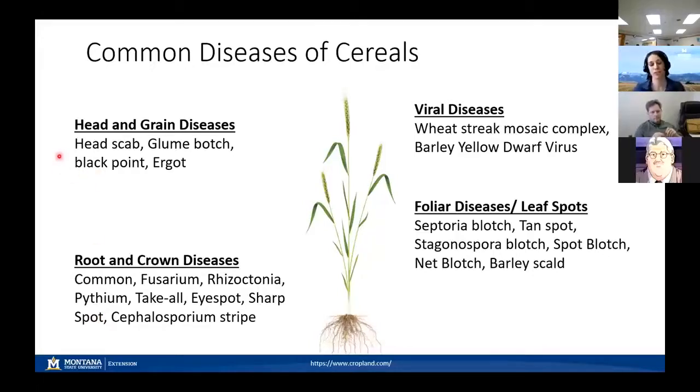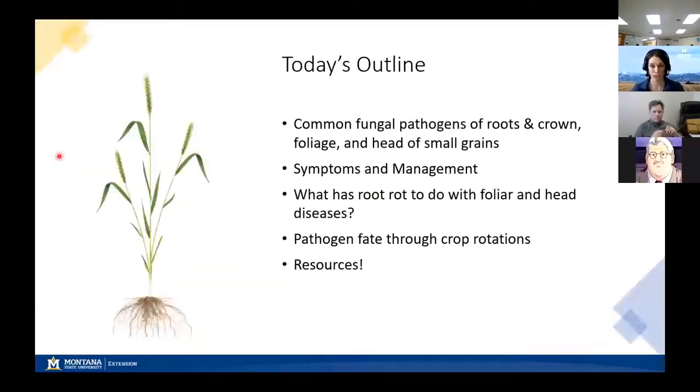And then there are also viral diseases that we consider systemic, so they infect the entire plant. Obviously these are things to worry about, but I don't want to worry you today that I'm going to squeeze all those diseases I'm listing here into the next 50 minutes. So I'm going to focus on a couple of diseases that are very prevalent in Montana and are reoccurring every year. You're going to learn which ones those are in the next couple of slides.